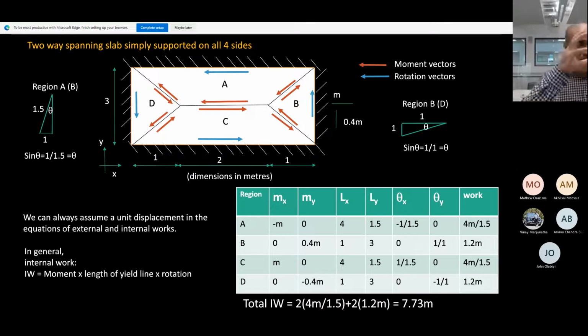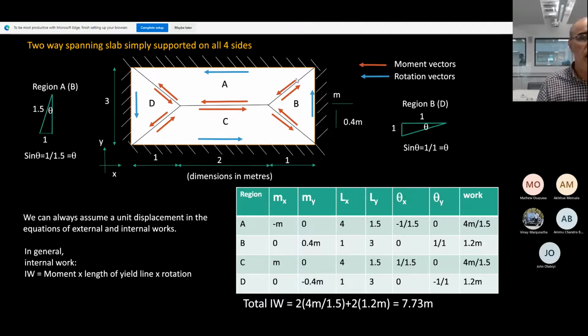We have symmetry here. The slab is symmetrical, and the yield line is symmetrical. So these 2 vectors here are equal in magnitude.